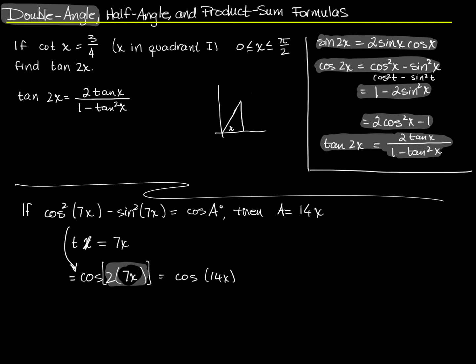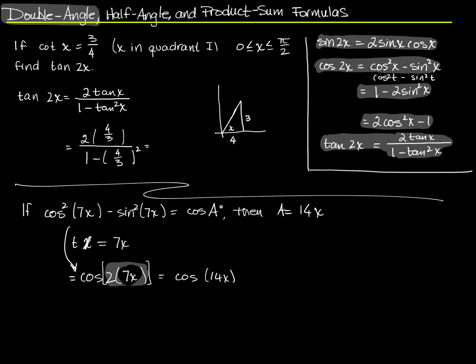Now, tangent is opposite over adjacent, so cotangent is adjacent over opposite. I could do this with a triangle, or in this case, I could just recognize that cotangent and tangent are reciprocals of each other. That means that the tangent of 2x is equal to 2 times the tangent of x, which is 4/3, over 1 minus the tangent of x squared.